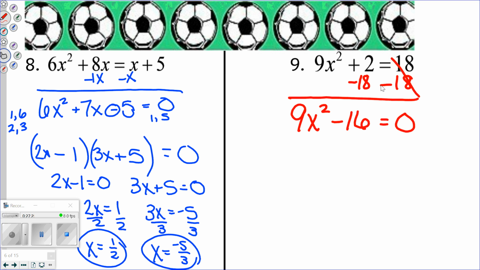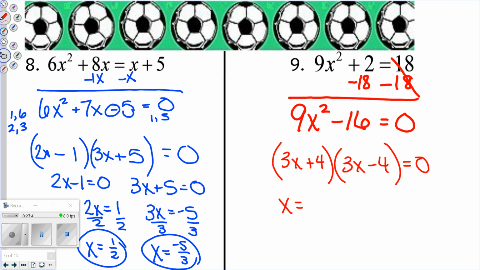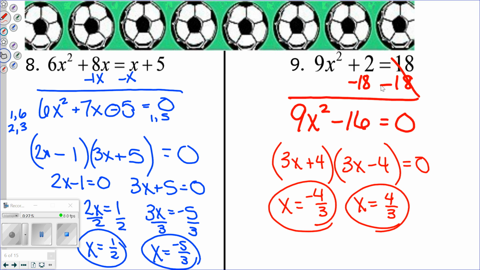Then this is my favorite, right? How's that factor? 3x plus 4 and 3x minus 4. All right, that's your difference of squares. So setting each of them equal to 0, you'd get negative 4/3 over here and a positive 4/3 over there.